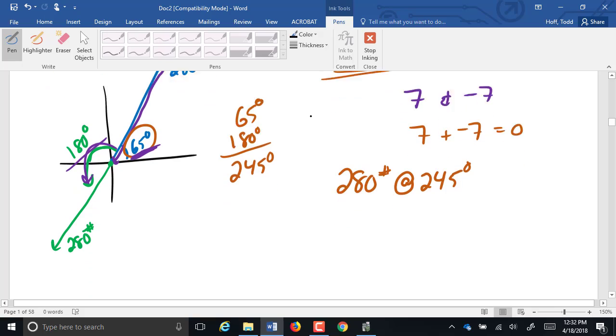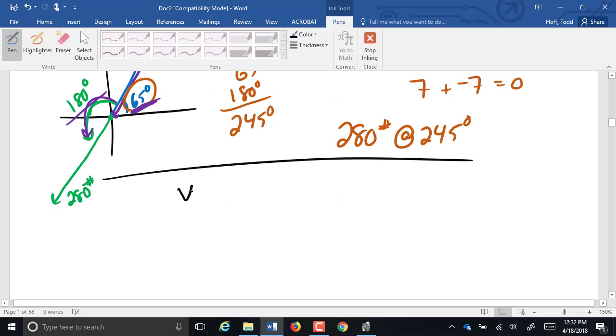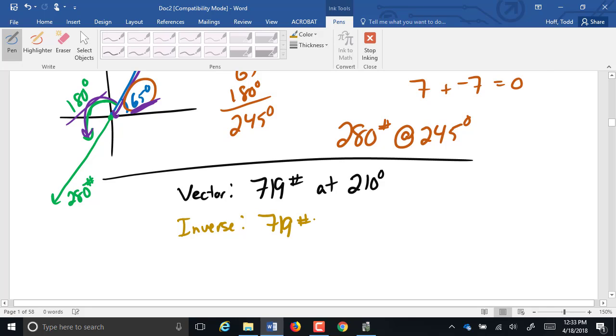What if I had a vector of 719 pounds at 210 degrees? To find its inverse, how many pounds would it be? Still 719 pounds, right?